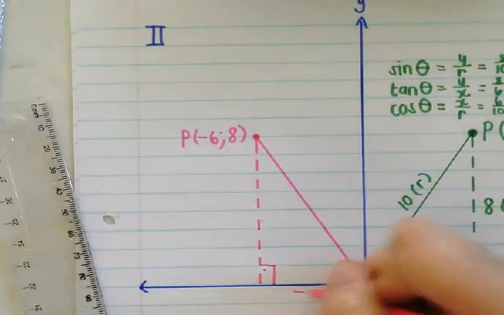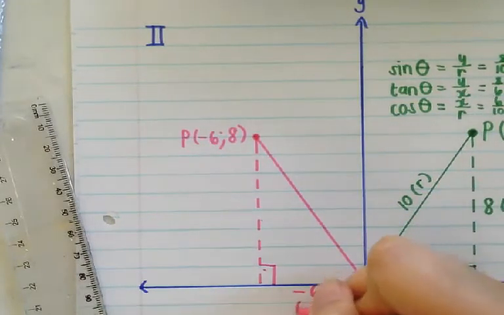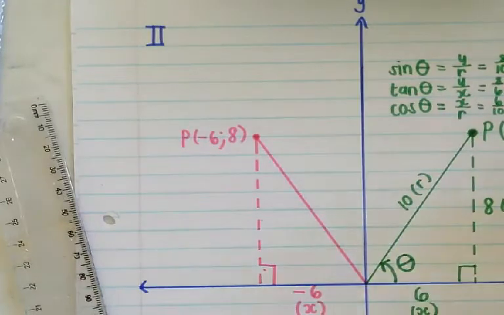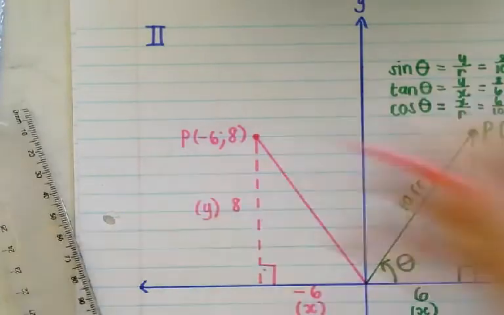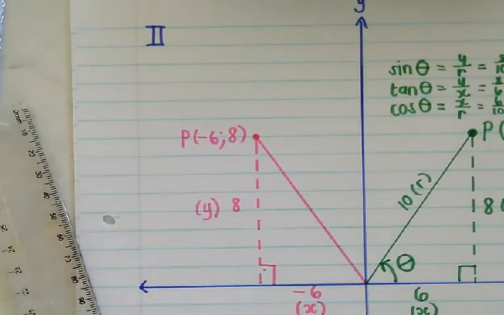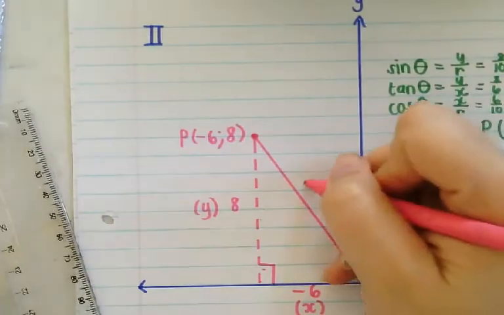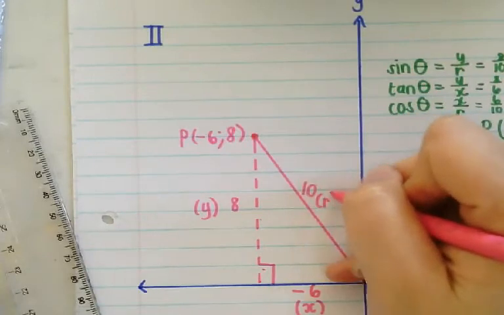We now have negative 6 for my x, still positive 8 for my y, and on my calculator I'm checking what my hypotenuse would be. It would be the square root of 8 squared plus negative 6, close the bracket, squared. I still get a value of 10 for my r.